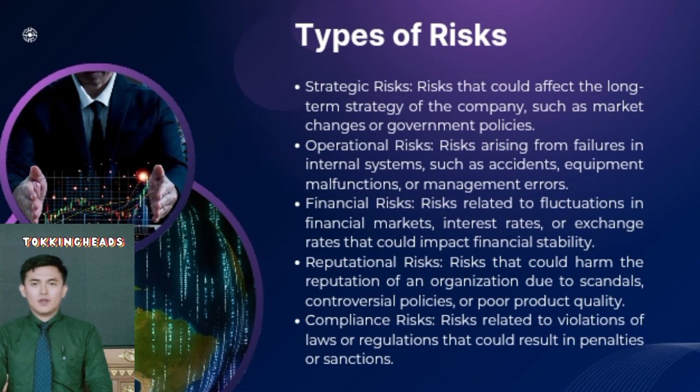Risks related to fluctuations in financial markets, interest rates, or exchange rates that could impact financial stability. Reputational risks. Risks that could harm the reputation of an organization due to scandals, controversial policies, or poor product quality. Compliance risks. Risks related to violations of laws or regulations that could result in penalties or sanctions.